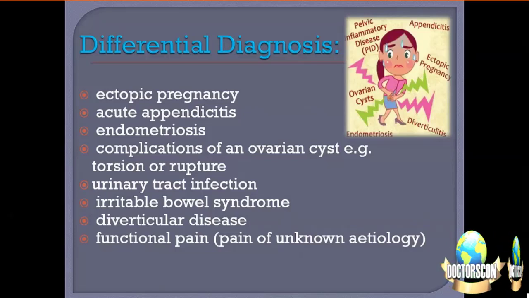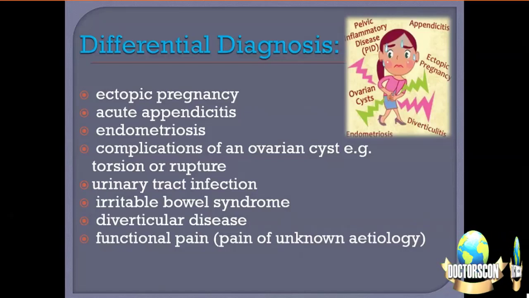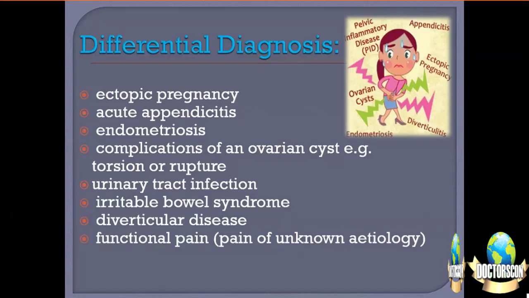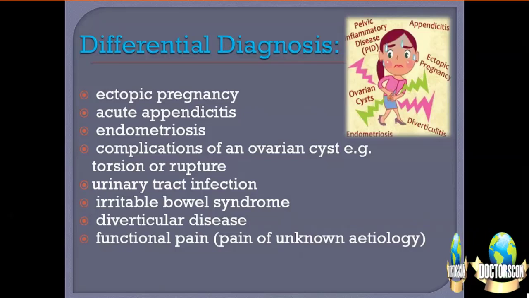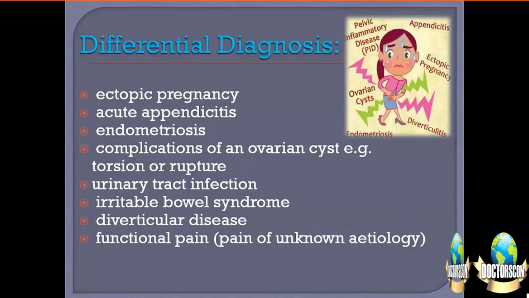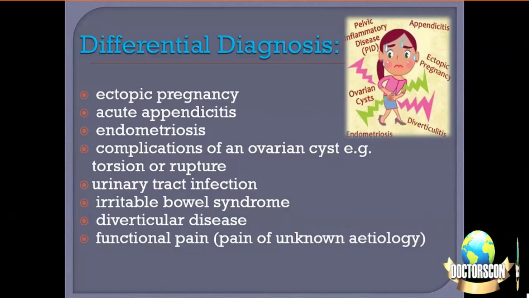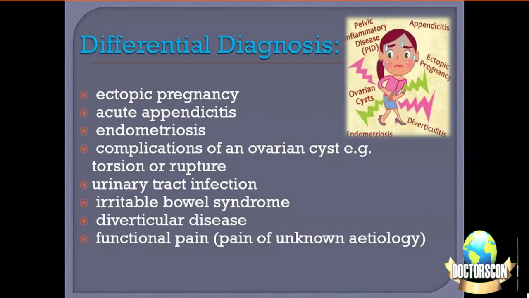However, top on the list would be an ectopic pregnancy, which should always be excluded in any woman in the reproductive years, irrespective of her menstrual history. She may not have actually missed her period because an ectopic pregnancy can have multiple presentations. So the first simplest investigation that should be offered is a urine pregnancy test.